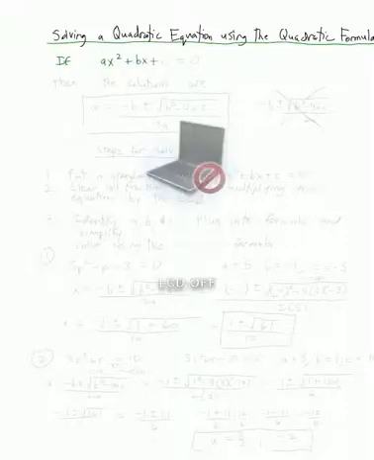In this video, we're going to learn how to solve any quadratic equation using the quadratic formula. So what is the quadratic formula? Well, if you have an equation that's quadratic, remember all quadratic equations can be written like this.